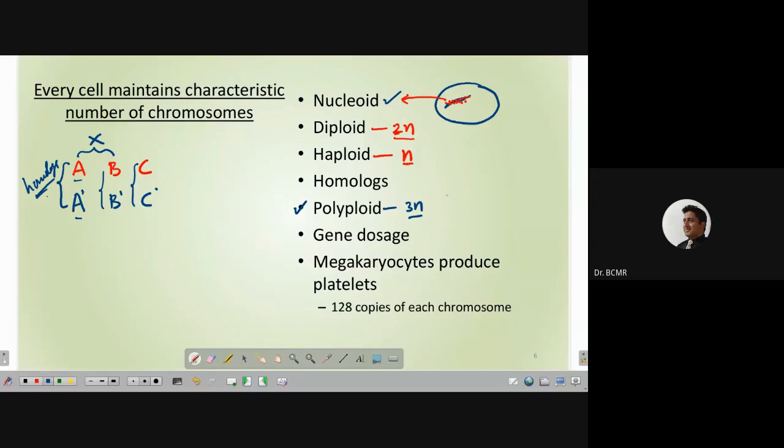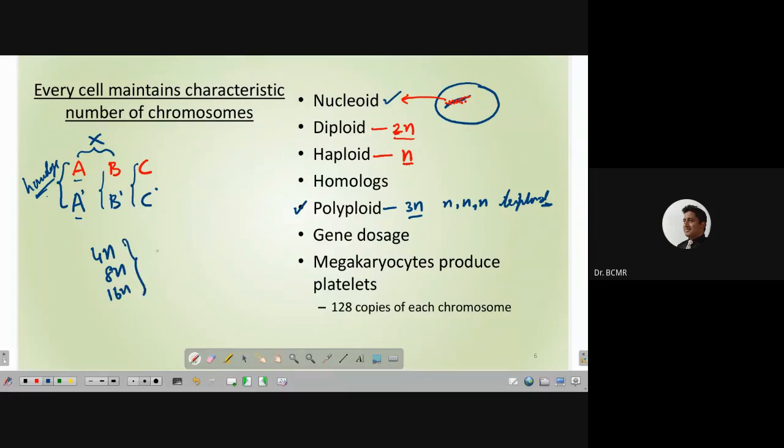You will have 3n, because of which you actually have 3 sets of n, and that will be called triploid. In some cases, they may have 4n or 8n. It usually will be in multiples of 2, except in cases of endosperm and so on, or 16n also.